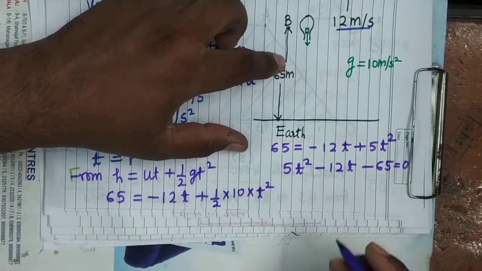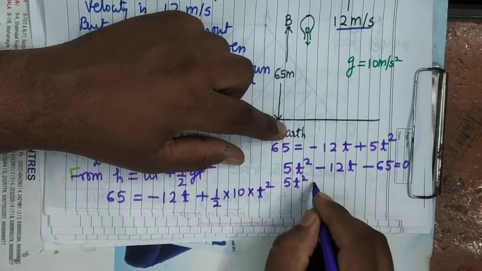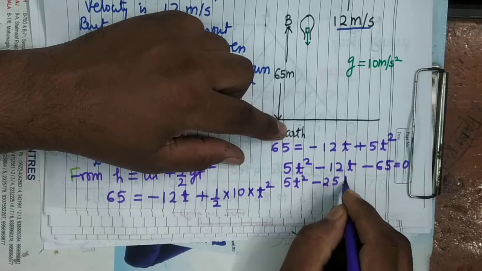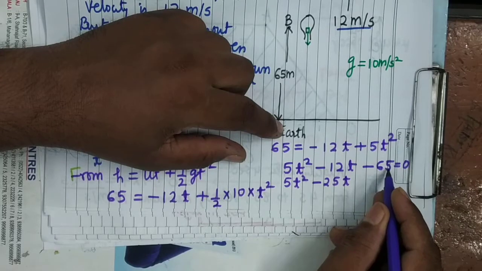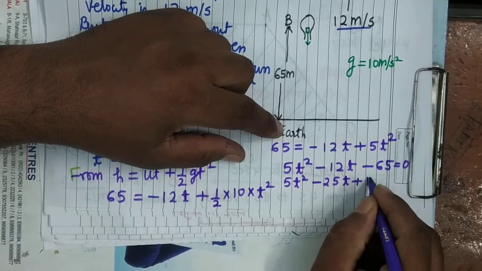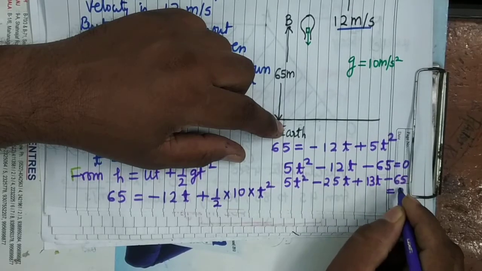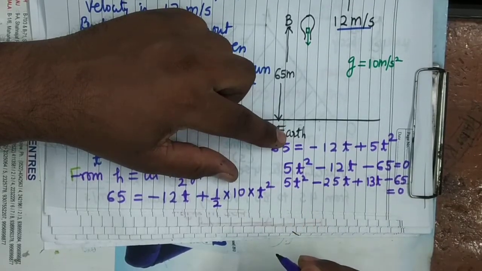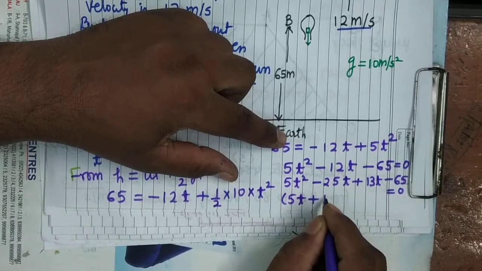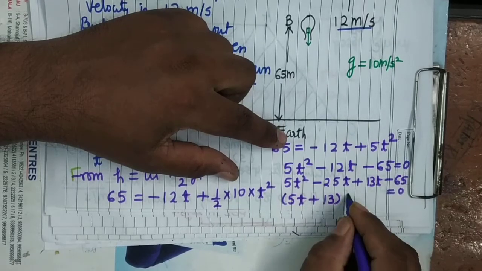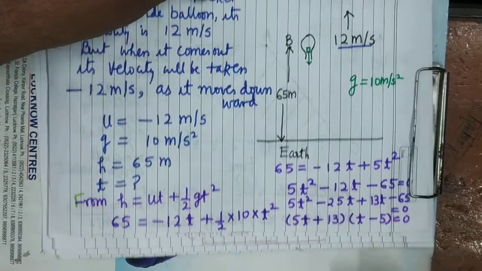Now I will factorize it, so I am not showing the factorization completely. 5t square minus 25t plus 13t minus 65 equals 0. So when you simplify, it will come out as 5t plus 13 and t minus 5 equals 0.